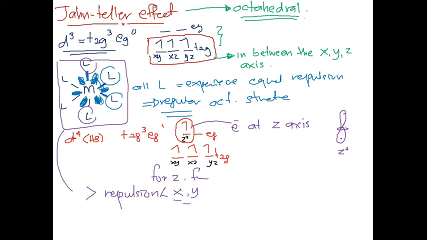So bila you ada high in repulsion, you will eventually have high in bond length. So it means that your z axis will have a longer length rather than the x and y axes. Contohnya dia akan jadi macam ni lah.